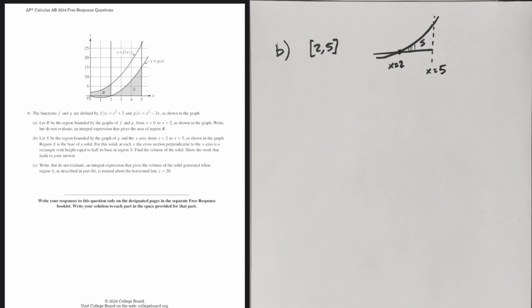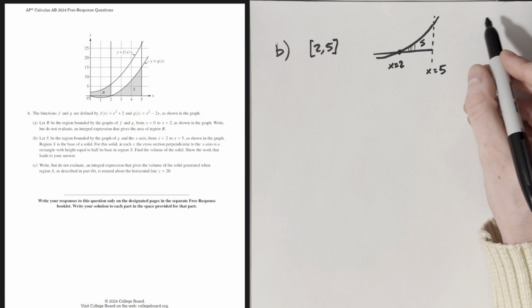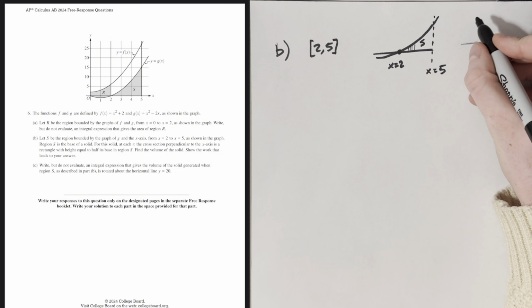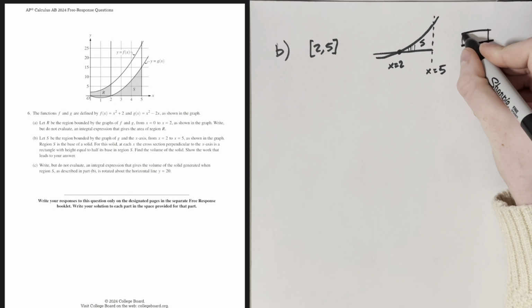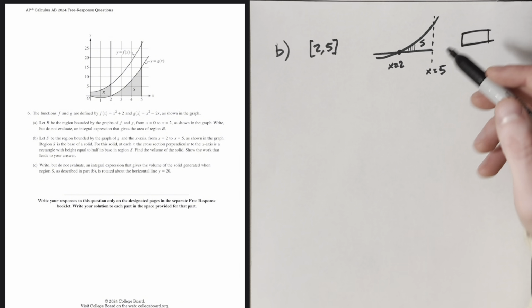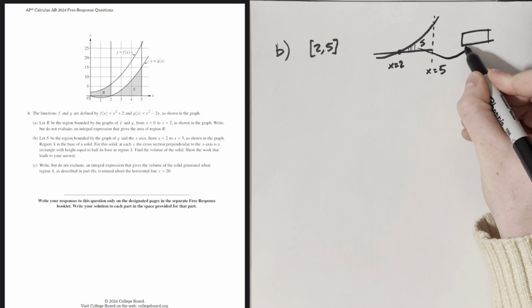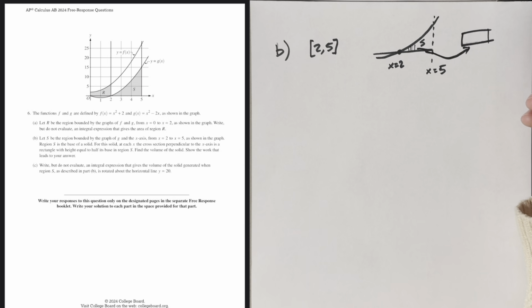And it says at each x, the cross-section perpendicular to the x-axis is a rectangle with height equal to half of its base in region S. So we have a rectangle, right? And these are the cross-sections. Our base is going to be represented by the height of this function.